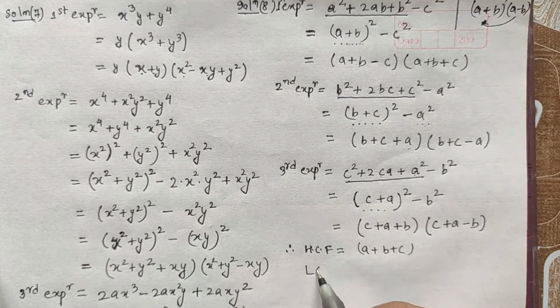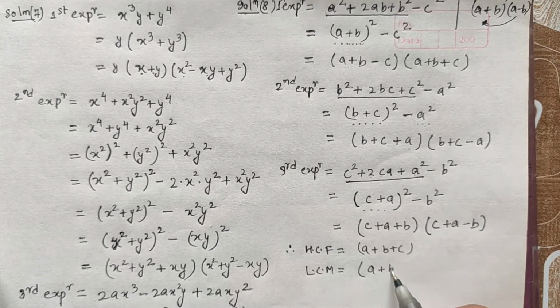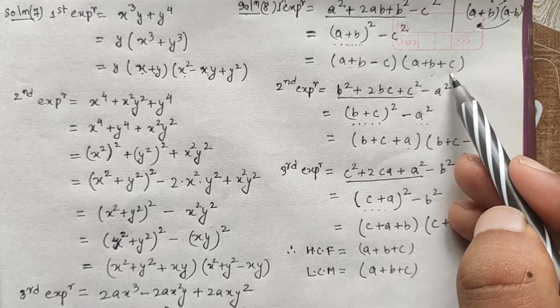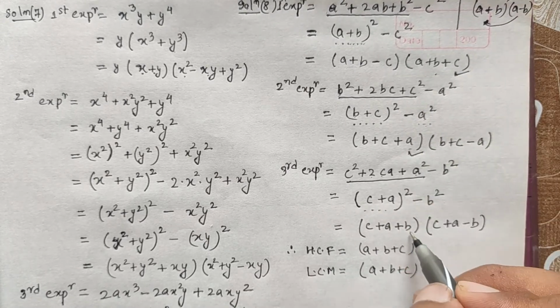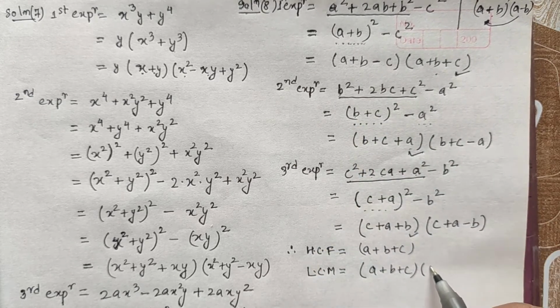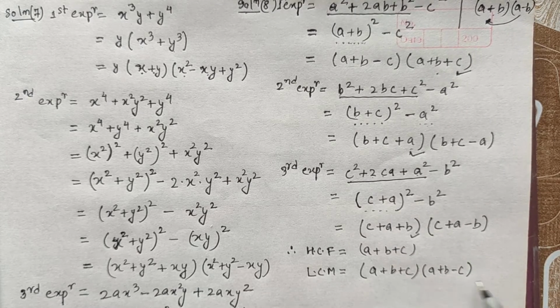And what's the LCM? In the case of LCM, first write the common. This is common, a plus b plus c, as we have already seen in the HCF. Then what's remaining in the first term? It is a plus b minus c, because LCM is the common and the remainings.